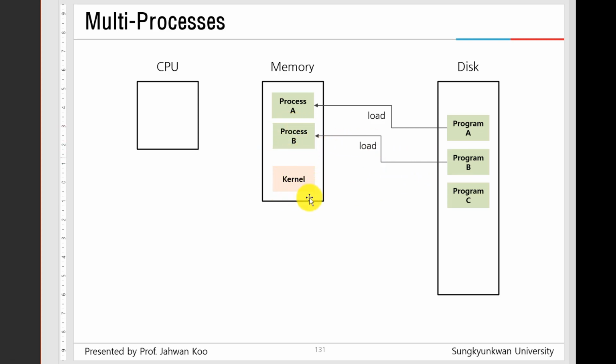Therefore, several processes could exist in the memory. We call it a multi-process environment. From the kernel point of view, processes are the entities the kernel should manage. The kernel must allocate the computer resources fairly among all processes.